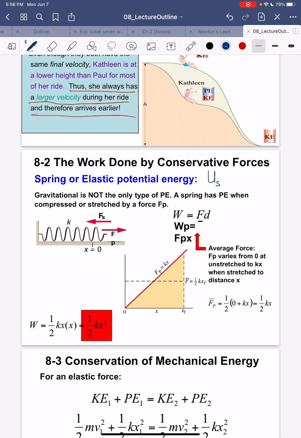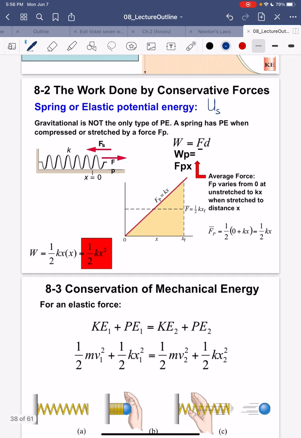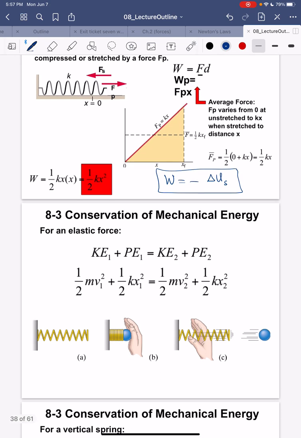And then I was able to calculate that the work done here is going to be 1/2 kx squared. And remember, that is valid even for any potential energy function: the work done is going to be negative the change in US.